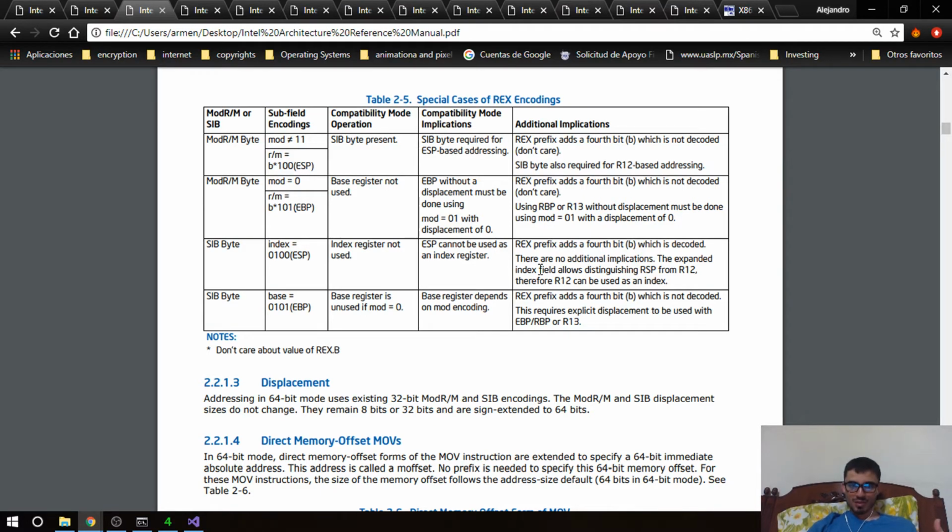So it is decoded. For distinguishing between RSP and R12, which is the same place, RSP cannot be used. Therefore, the expanded index field allows distinguishing RSP from R12. Therefore, R12 can be used as an index.